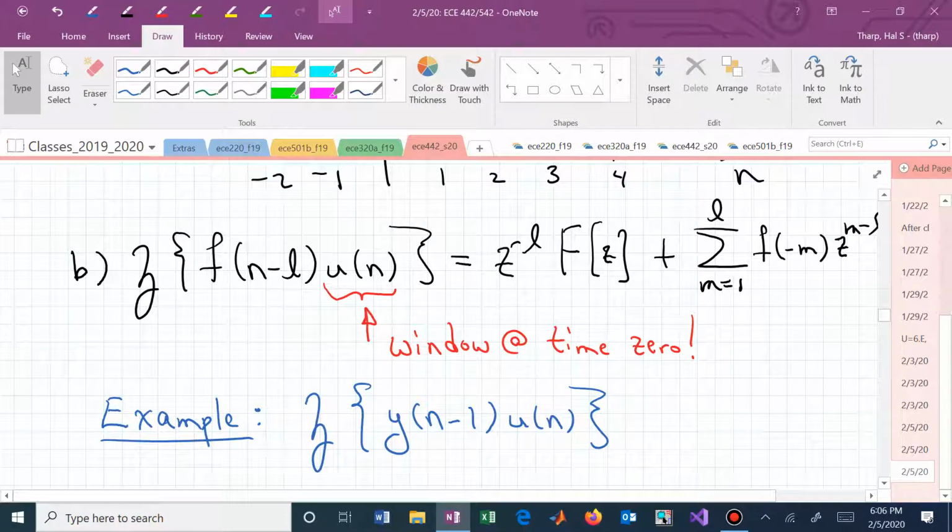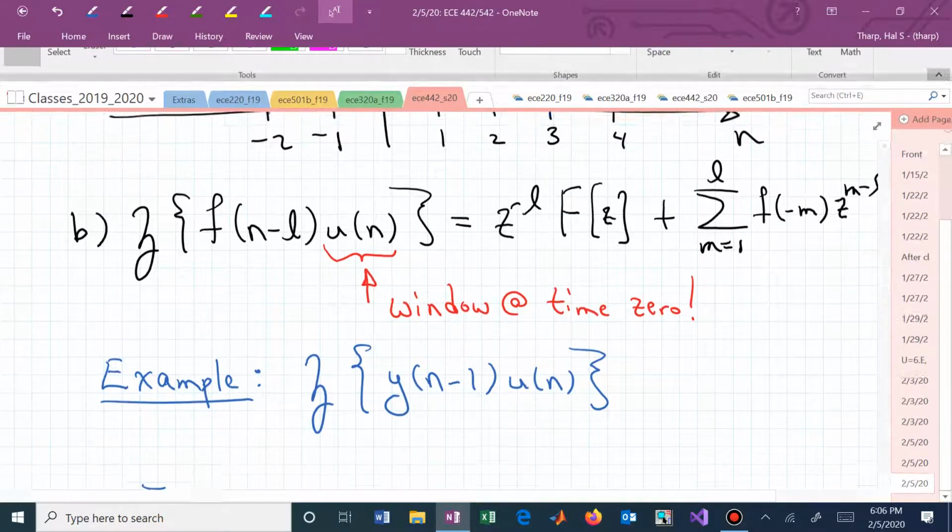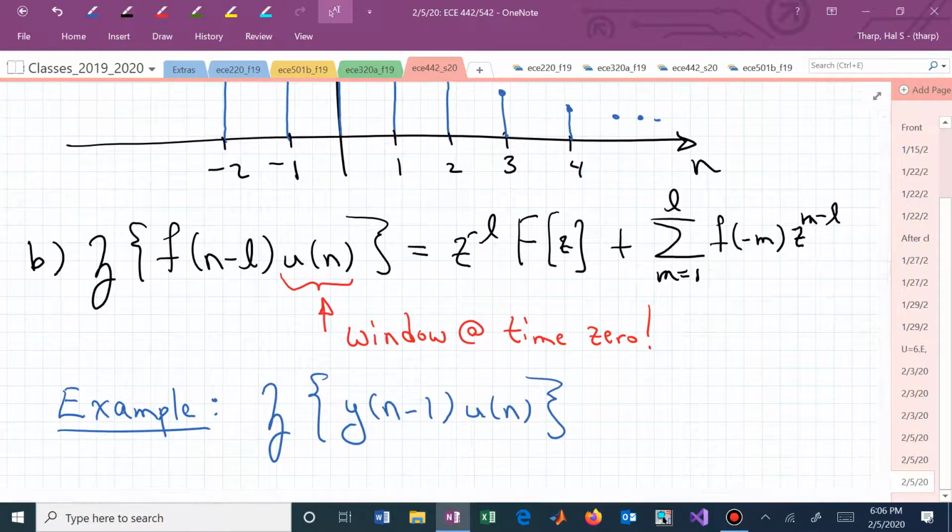Let's see if we can apply this expression. This now is a different expression. Now, in addition to z to the minus l weighting F of z, do you see that we have additional terms present that could have powers of z associated with them?